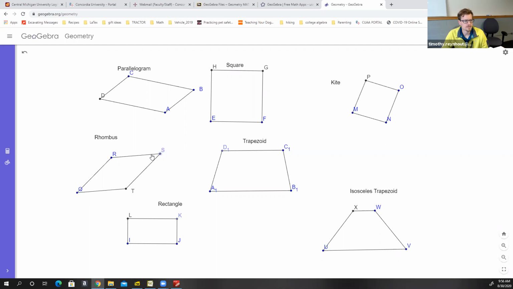So in this case, they could be perpendicular. Here they could be perpendicular. And here they always will be. So we have that it's a kite and a rhombus. Both kite and rhombus would give us this scenario.